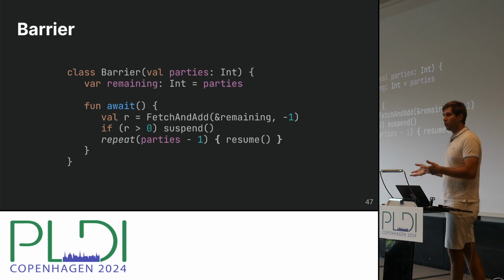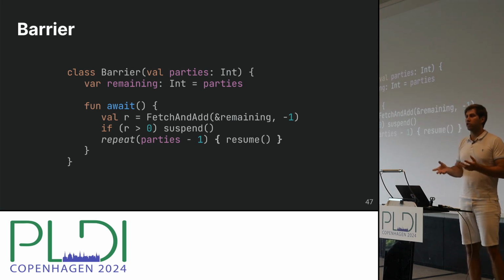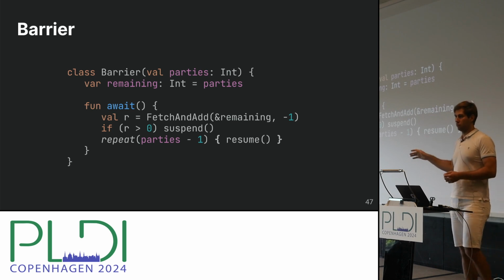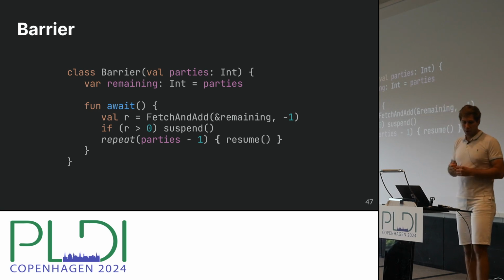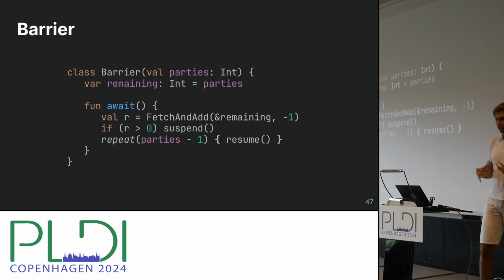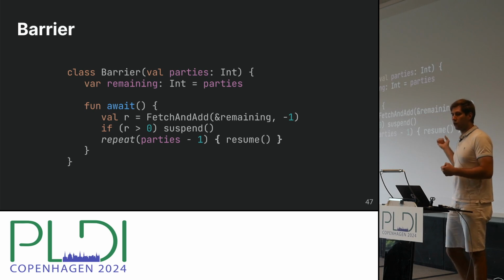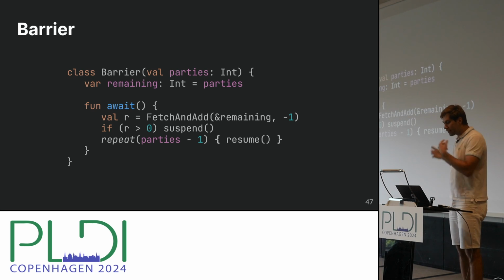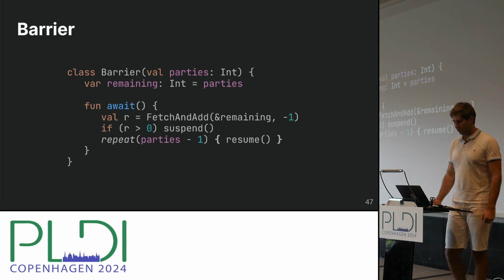Otherwise, all the parties have reached the barrier point, so we resume all the rest. So what we see here is that with the cancellable queue synchronizer framework, implementations of such constructs are very straightforward and also very efficient.